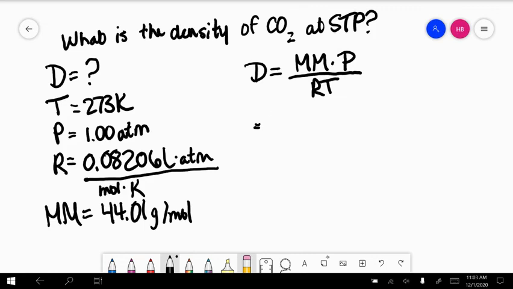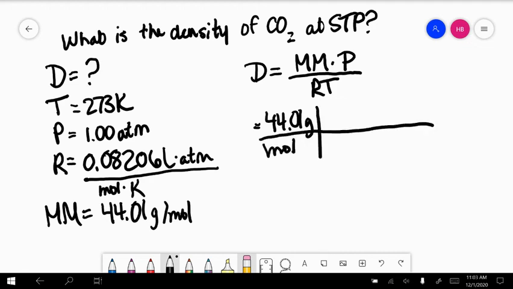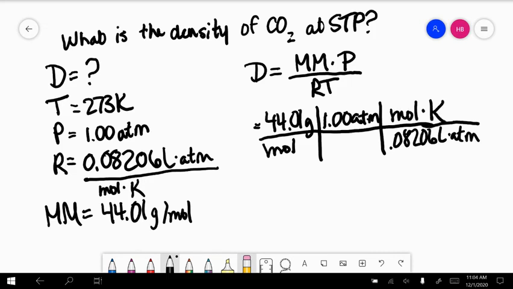So 44.01 goes on the top. That's grams per mole. Pressure goes on the top. R goes in the bottom, so 0.08206 liters atmospheres are on the bottom. And that moves moles and K up to the top.